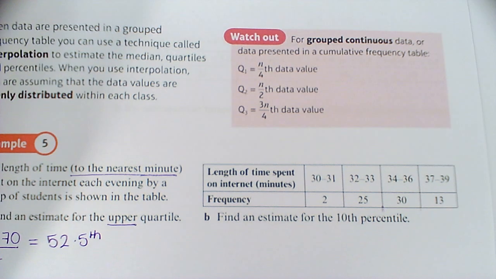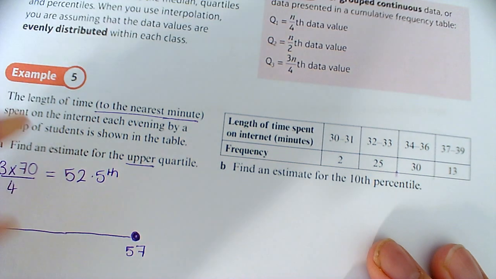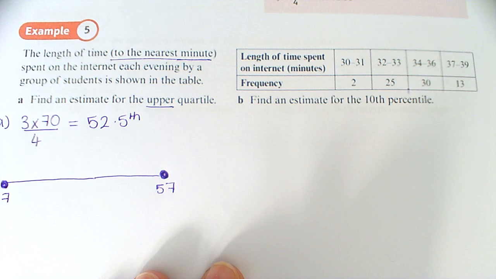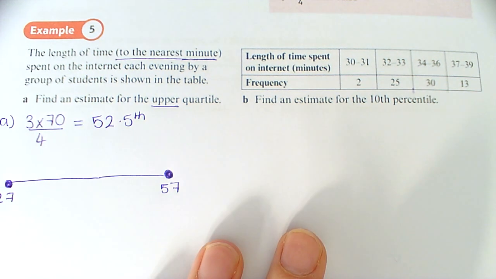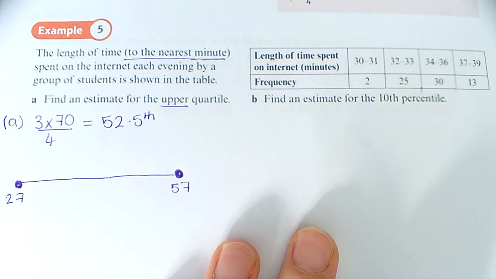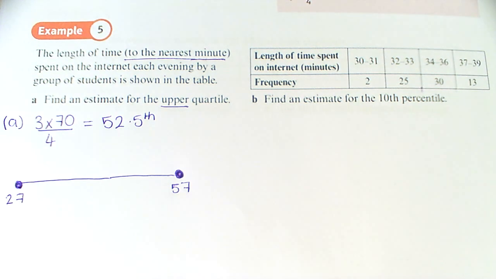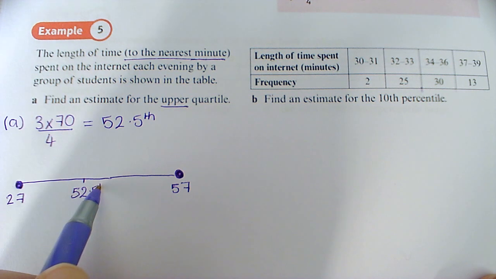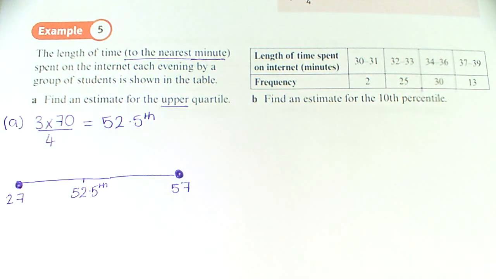Let's move it up slightly so we can see it all. Then we need to consider where the bit of data we're trying to find is. So we want the 52.5 bit of data.